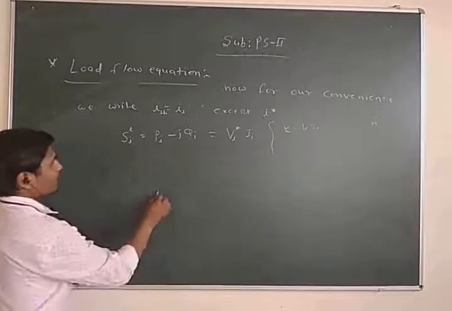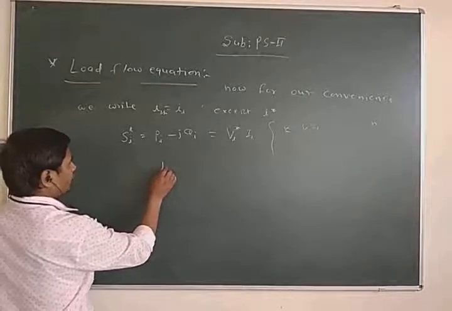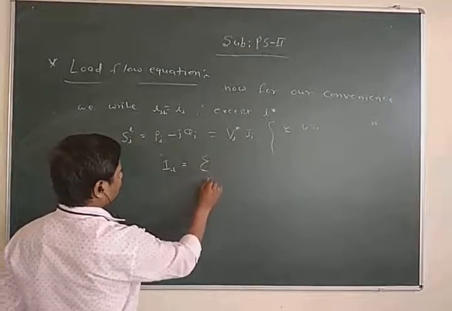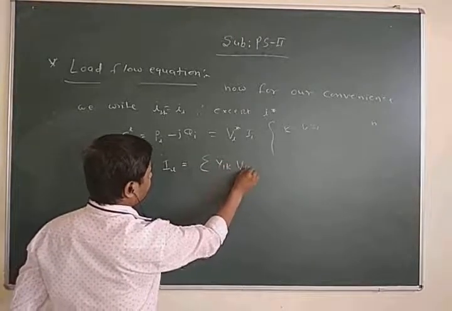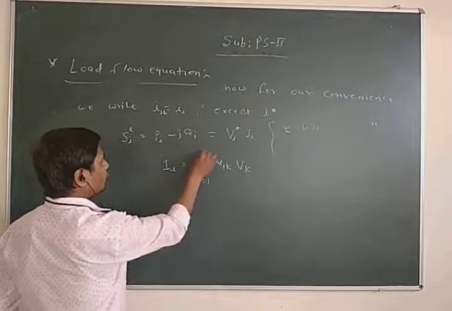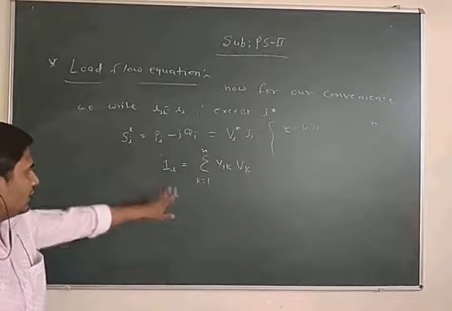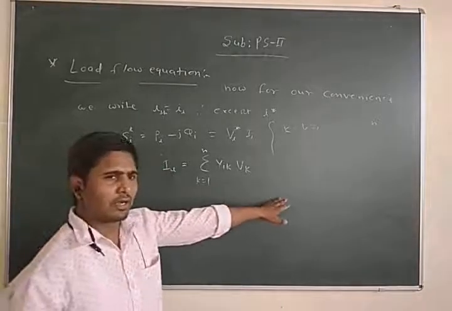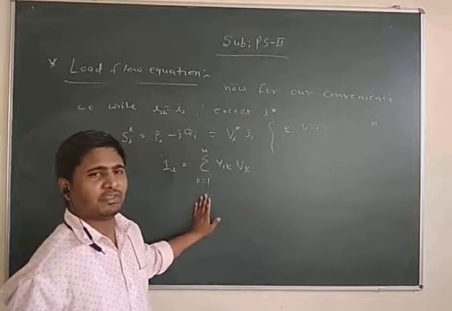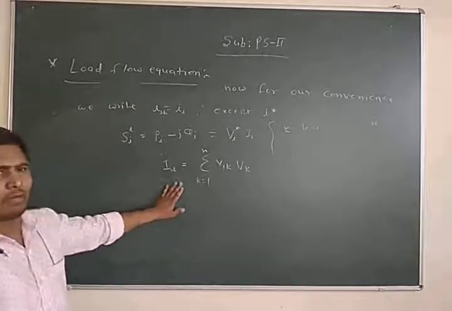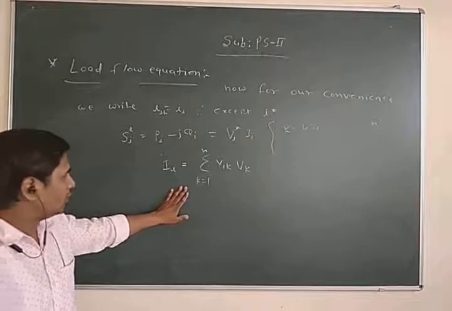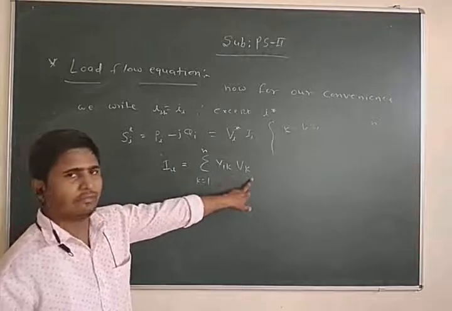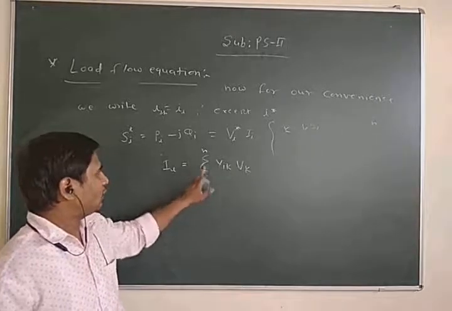So here Vi is the voltage and Ii is equal to sigma Yik Vk from k is equal to 1 to n, because Ii is the total current at i bus which is injected from the other buses of our power system. So from the nodal equation or KCL equation at any node or at bus i, total current is equal to sigma Yik Vk, where k is equal to 1 to n.